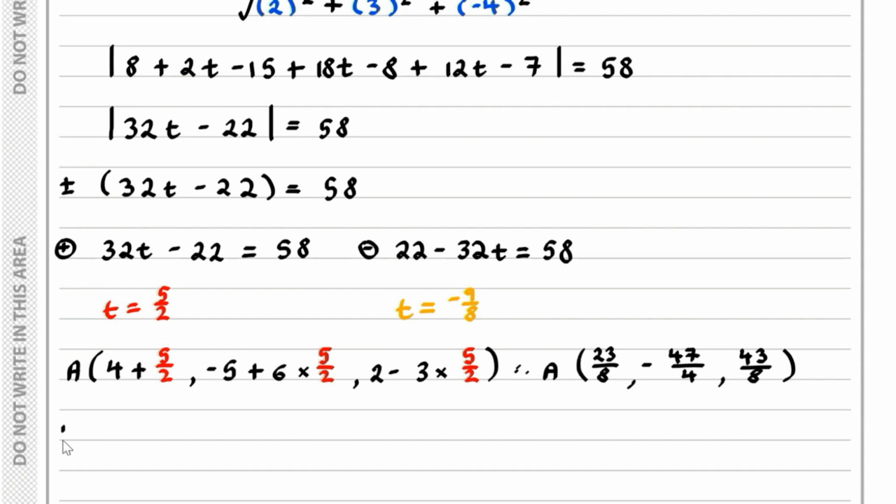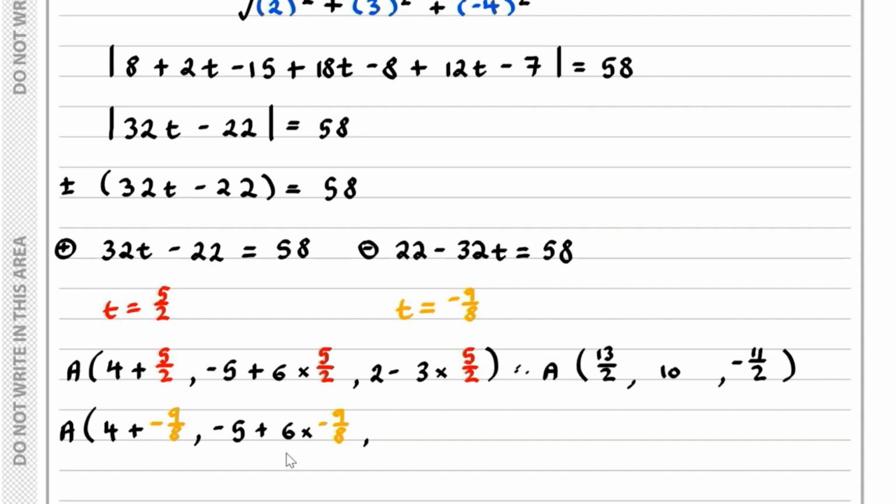Or if we substitute in minus 9/8, we have 4 plus minus 9/8, minus 5 plus 6 lots of minus 9/8. Rather, we get this result for the coordinate when t equals 5/2.